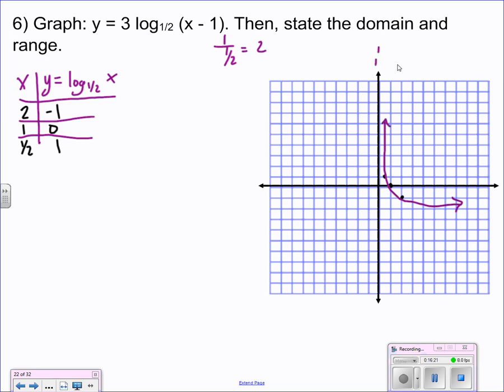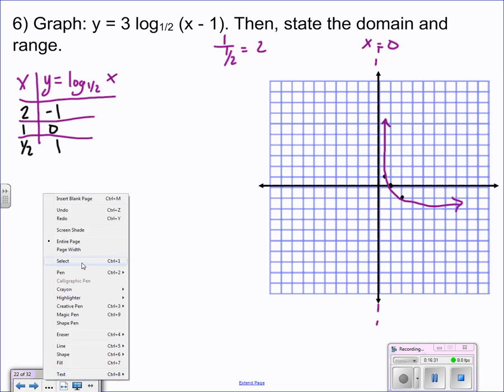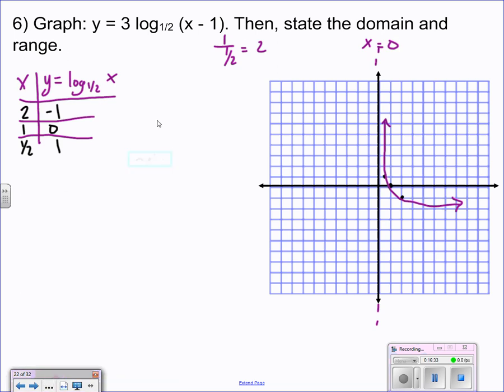Again, x equals 0 is the vertical asymptote. Now, on this one, I'm going to demonstrate finding the new x value first. According to the parentheses, it says take your x values and subtract 1, but parentheses lie, so we're going to take our x values and add 1.